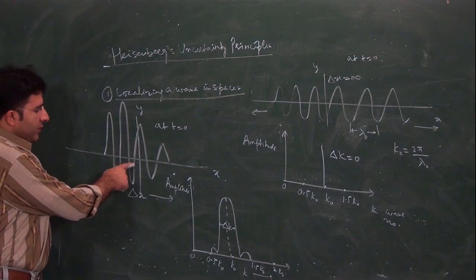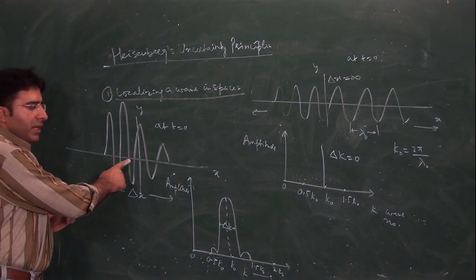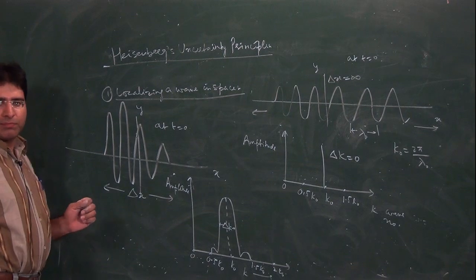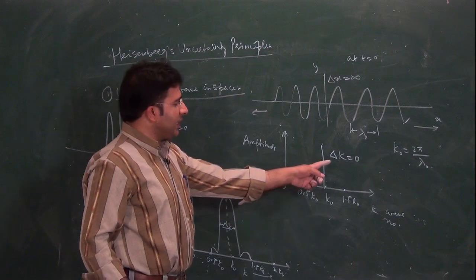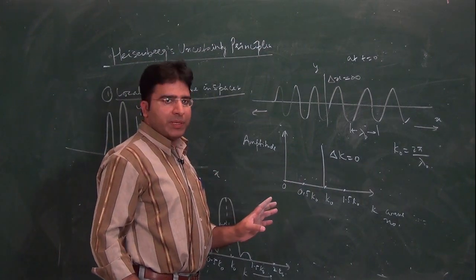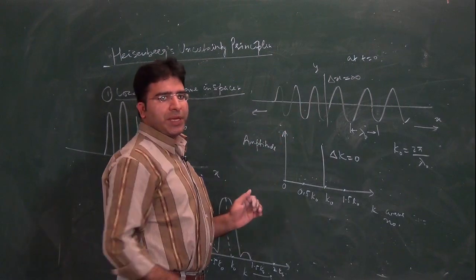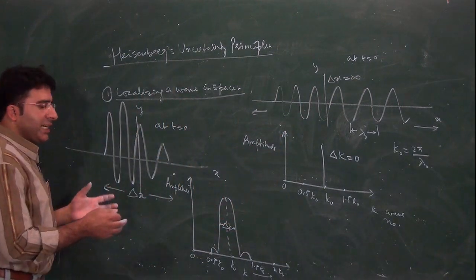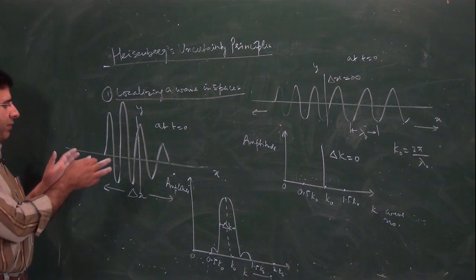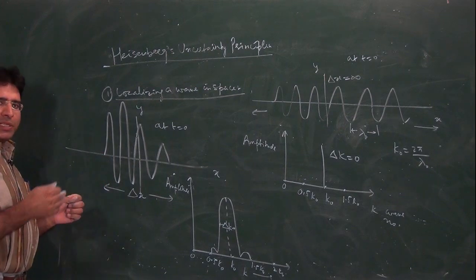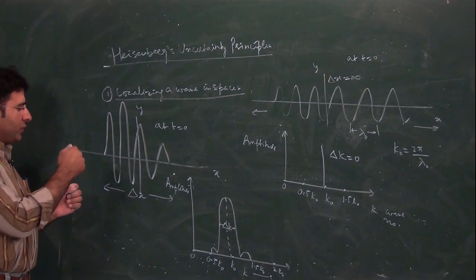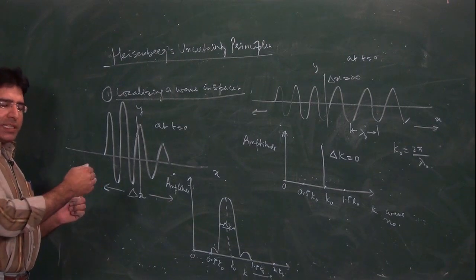That means purity of the wave is sacrificed in localizing the wave. Here the wave was pure, containing a single wavelength, a single wave number, but it was delocalized in space. Now we mix many waves in order to make the wave localized in space, so that it can represent the particle and behave particle-like.